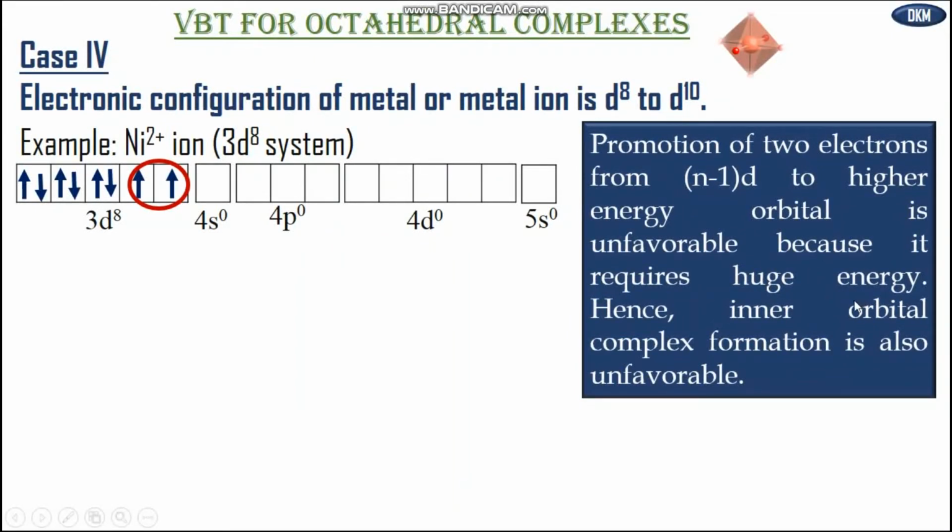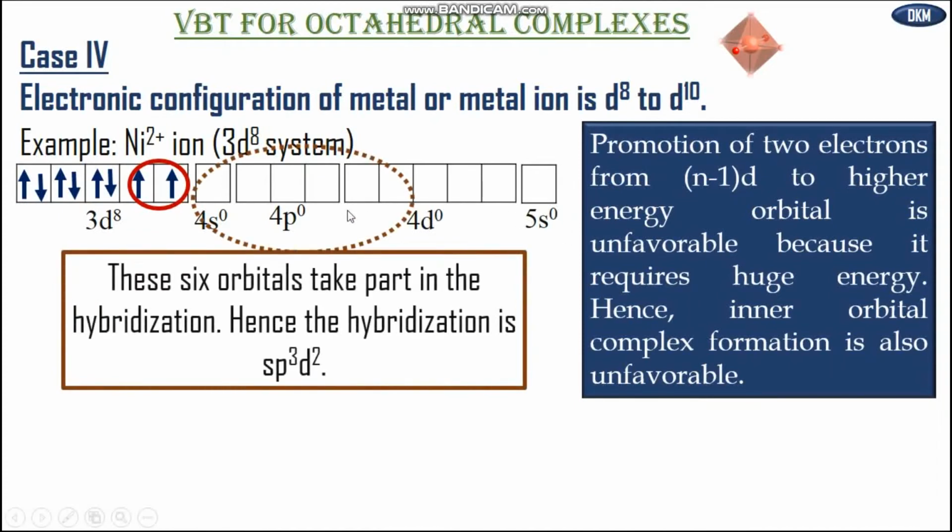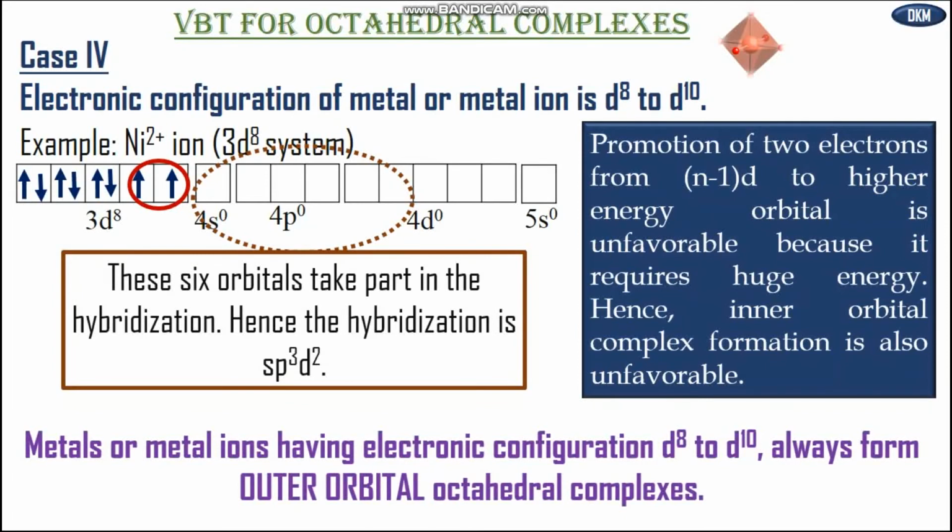Metal ligand bond energy is not sufficient to supply this amount of energy. Hence, the inner orbital complex formation is not possible. The only possibility is outer orbital complex formation, which gives sp3d2 hybridization. So, the metals or metal ions having electronic configuration d8, d9, d10 always form outer orbital octahedral complexes.